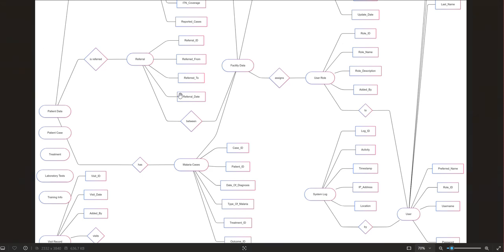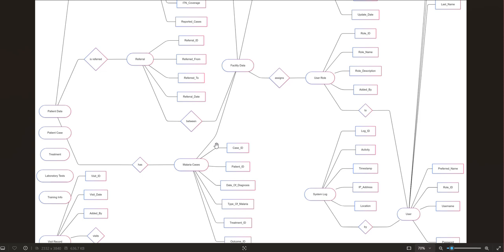Our data flow works in a way that, for example, when a patient comes to a clinic with malaria symptoms, our system will create a visit record which will link to their patient profile. Then we can also record their laboratory tests, track their prescribed treatment, and also update regional statistics by the geographical location entity.